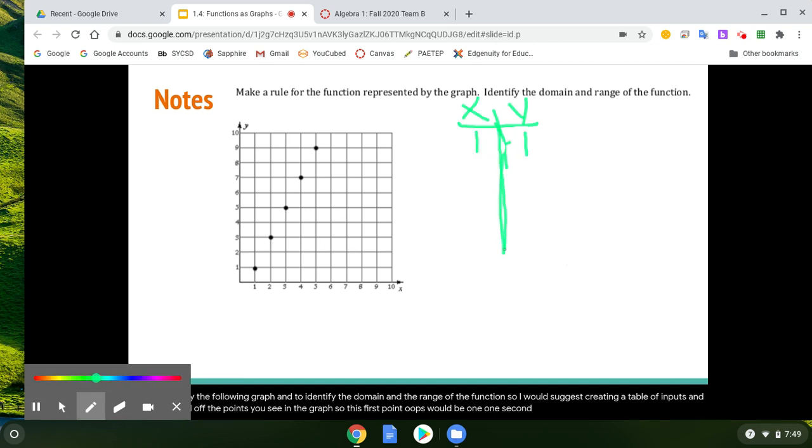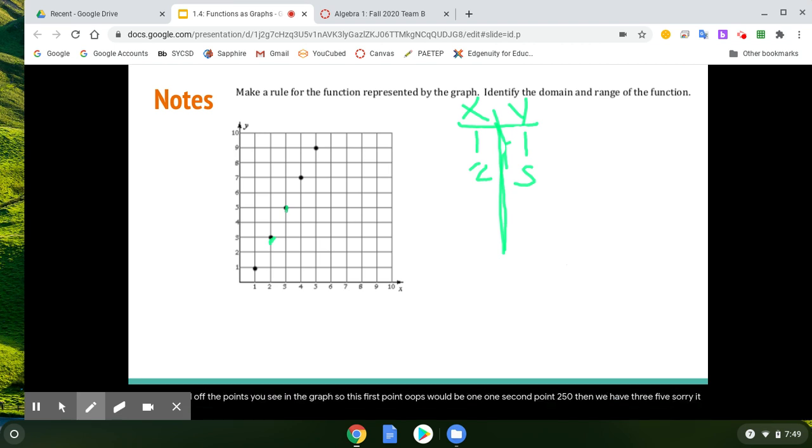The second point, 2, 3. And then 3, 5. The next point, 4, 7. And lastly, we have 6, 9.